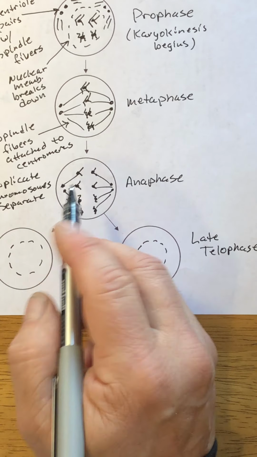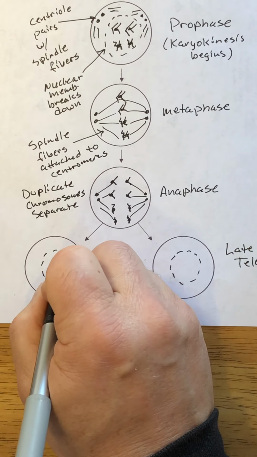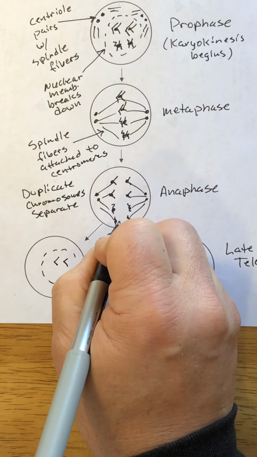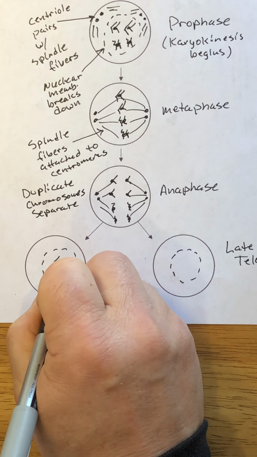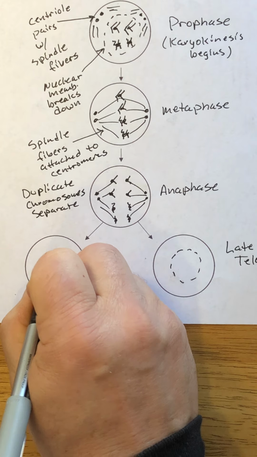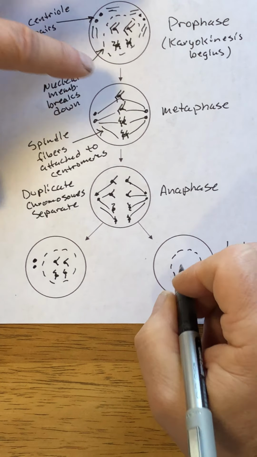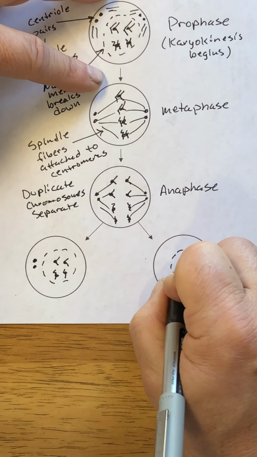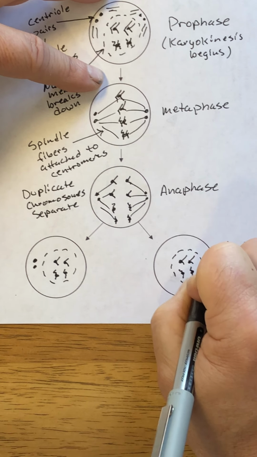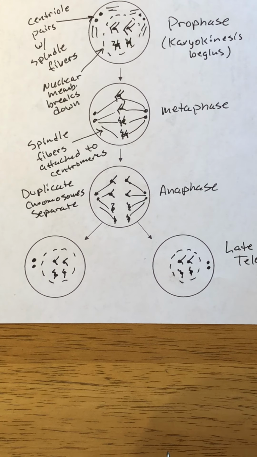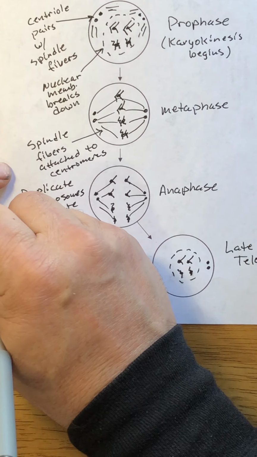And so this chromosome from this pair would come to this cell, this chromosome from this pair would come to this cell, and the same for these two. And you've got that little constricted region that stays with what are now the individual chromosomes. A centriole pair stays with each of the reforming daughter nuclei. And so this is our nuclear membrane starting to reform.